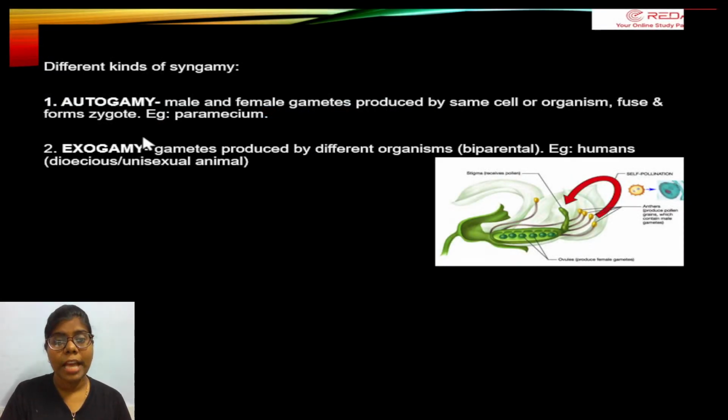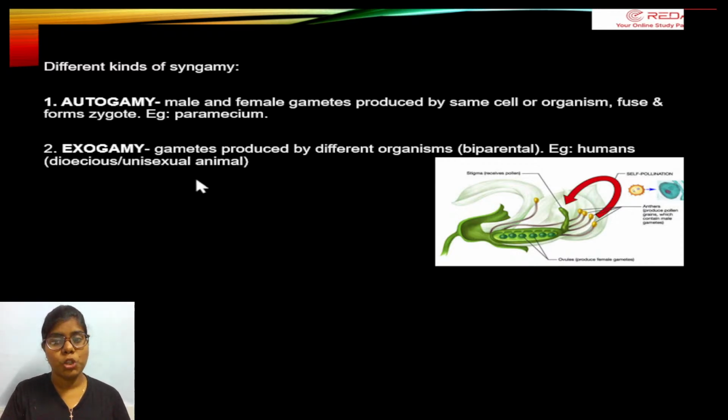Autogamy na male gamete, female gamete same cellல இருக்கும், same organismல இருக்கும். Same organism lower caseல cell ன்னு சொல்லுவோம், organism higher. So higher organismல male female gamete will be produced in the same organism. It is called autogamy. So example, paramecium, where male gamete paramecium ஒண்ணுக்குள்ளதான் இருக்கும், female அது உள்ளேதான் இருக்கும். So it is autogamy.